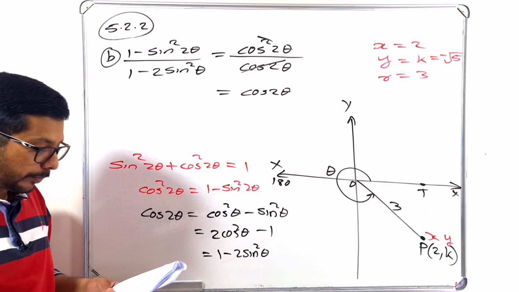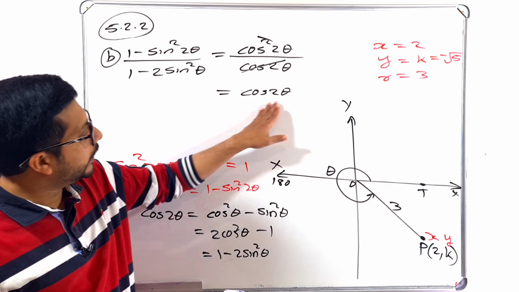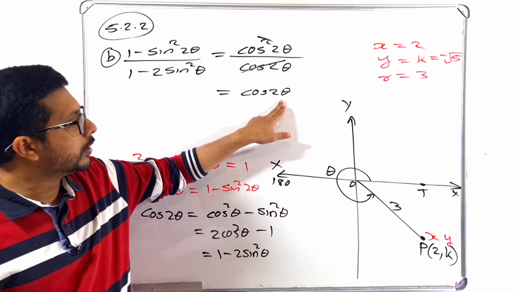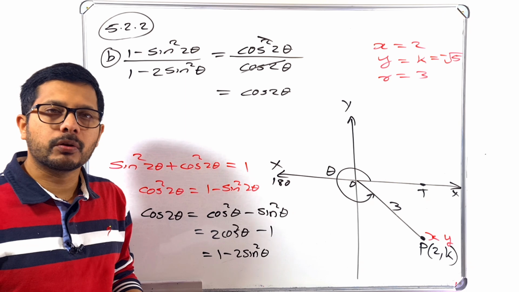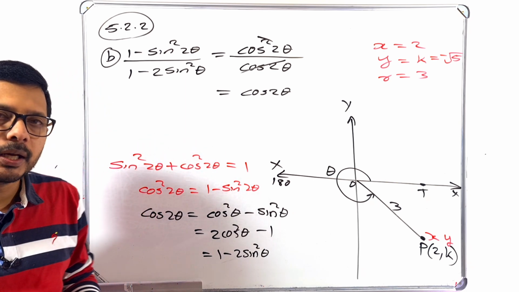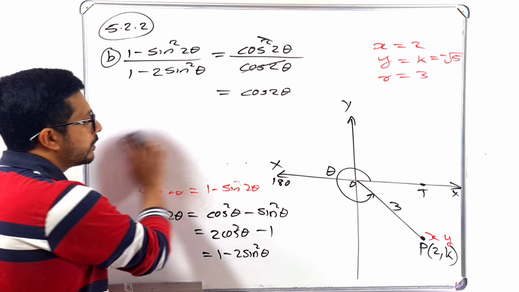Now, what is the question? You have to determine the values of the following. So here we have cos 2 theta. What is the definition of cos? Cos is adjacent side divided by hypotenuse. Okay, so here there is a problem.